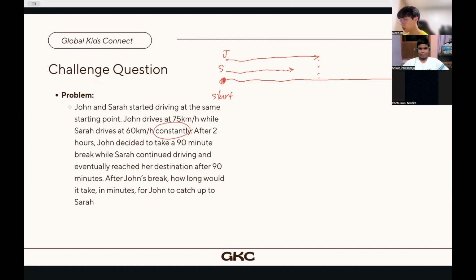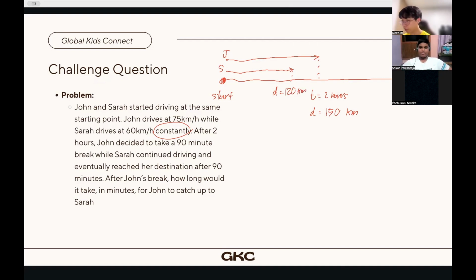So at this point, T was equal to 2 hours. After 2 hours, John would have gone a distance of 75 kilometers per hour times 2 hours, which is 150 kilometers, while Sarah only managed to travel 60 times the same 2 hours, which was 120 kilometers.